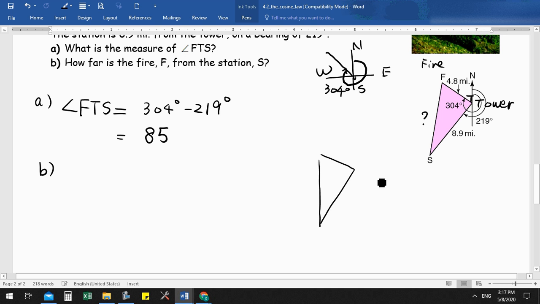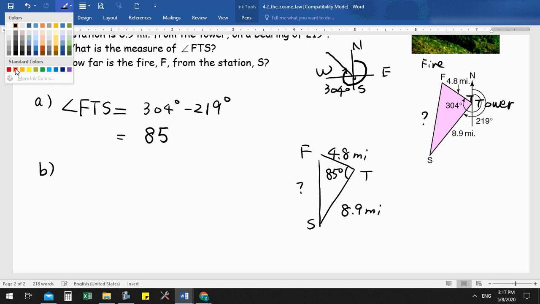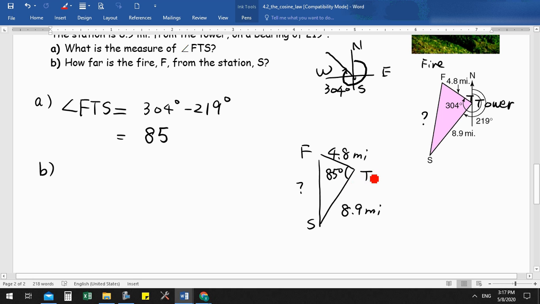Here is S, T is here, this is 85 degrees, this is 4.8 miles, this is 8.9 miles, this is F, this is S, and this is what you need to find. We label the sides using small letters. The side opposite angle T is small letter t.